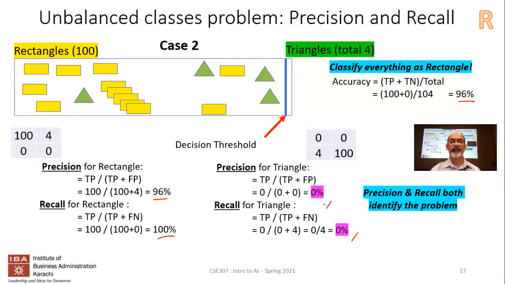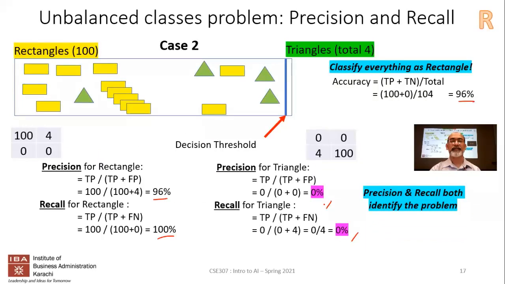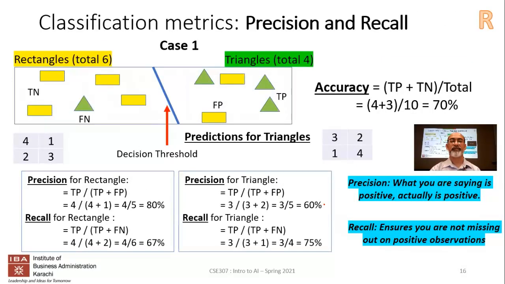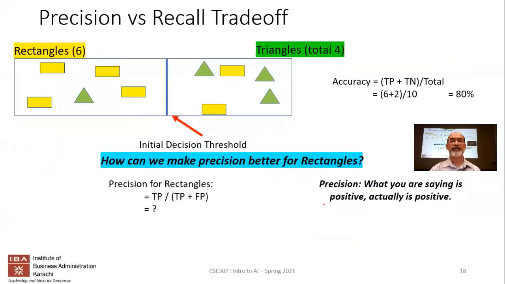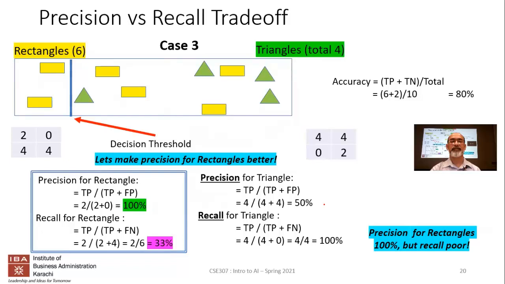And then what we did was we looked at the 2 examples of the 2 cases, and we started looking at the trade-off between precision and recall. So these were the cases in which we tried to look at the 2 extremes. In this case, we tried to say, well, let's make the precision for rectangles much better.